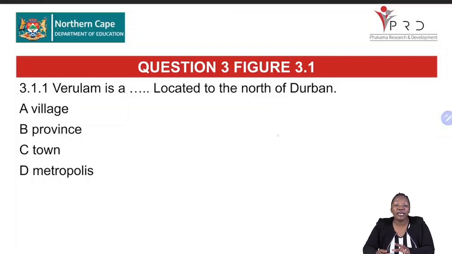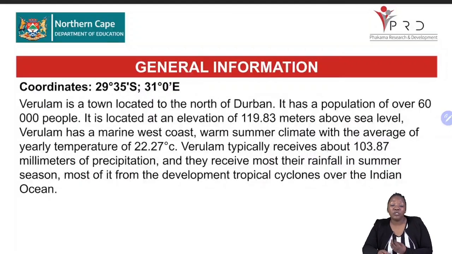But because you are given information to refer to, to make things easier, I'm going to give you 1 minute to answer this question, and then after that we're going to move to the correction, then we move to the next question. So I'm going to give you again just 2 minutes to read the general information again.